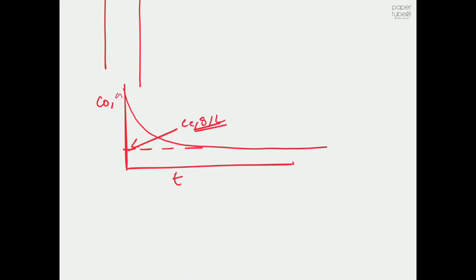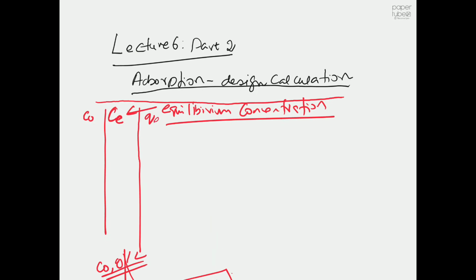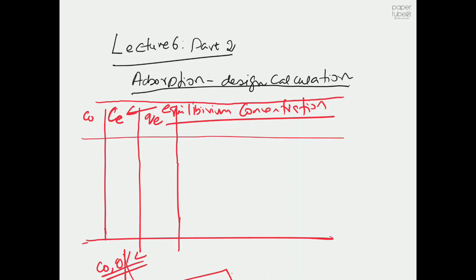If C naught is expressed in grams per liter, CE will be expressed in grams per liter. From that we can calculate the QE value. I'm not explaining this in detail because I know you already learned this in physical chemistry modules. So you know what an equilibrium concentration is, and from that how to get your QE value.